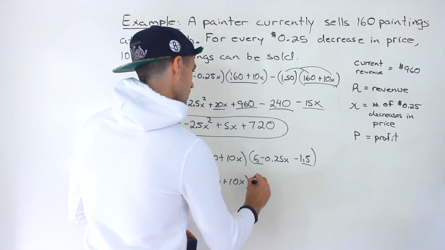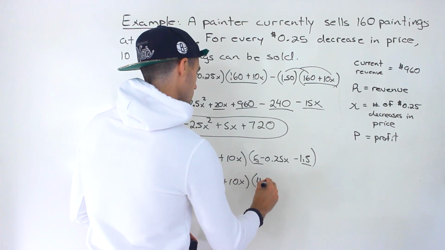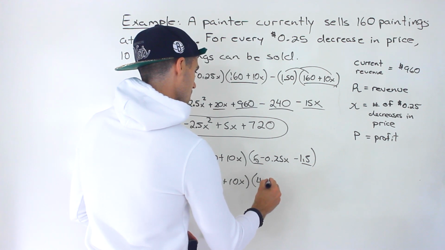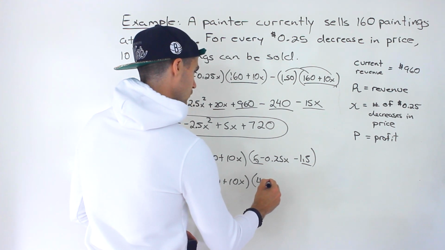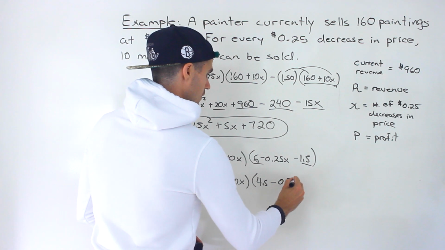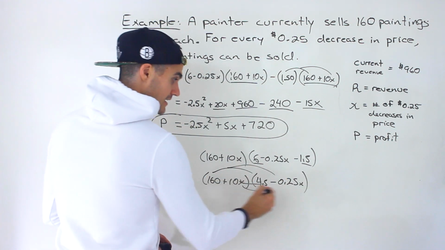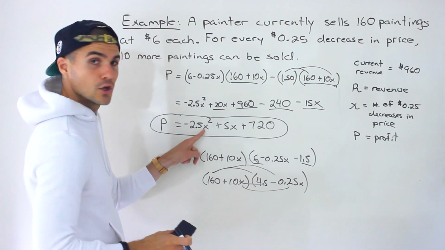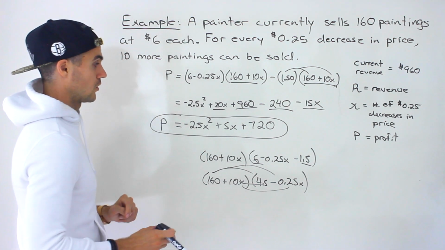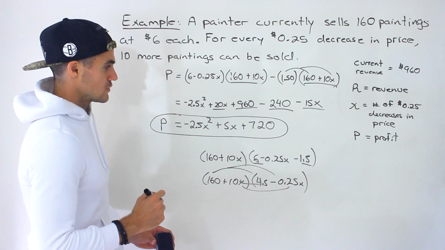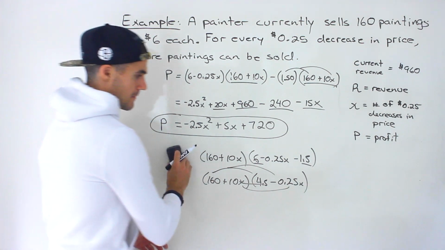So you'd end up with 4.5 minus 0.25x, like that. And then when you take this, expand it, simplify all of the like terms, you'd end up with that same standard form profit equation. And so from here, we need to find the max profit.